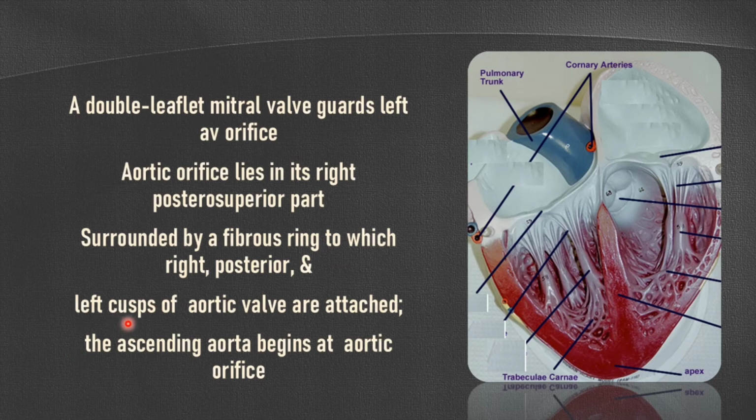And the posterior and left cusps of the aortic valve are attached, and the ascending aorta begins at the aortic orifice. Simply, the mitral valve is more anterior as compared to the aortic valve, and the mitral valve is on the left side and the aortic valve on the right side, and this is more posterior. This is tricuspid, this is bicuspid. This will lead to the left ventricle.